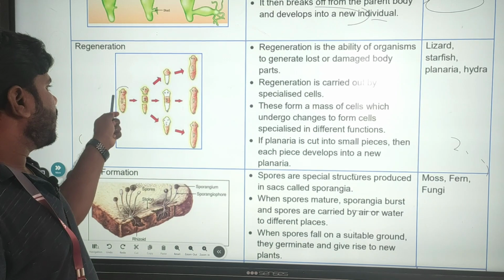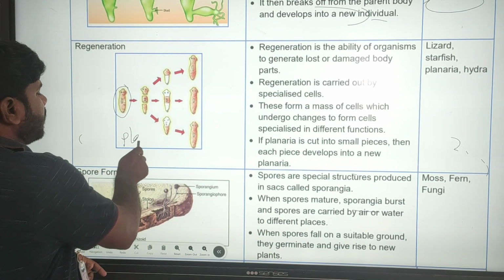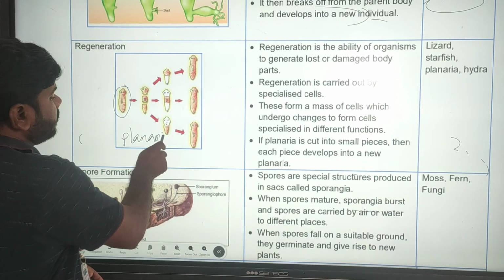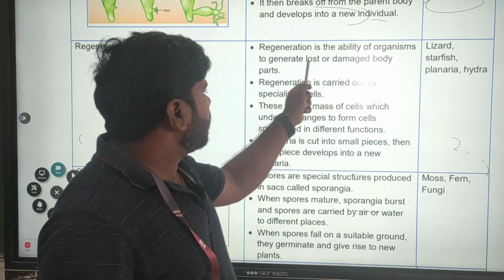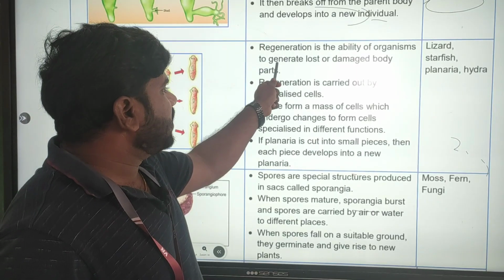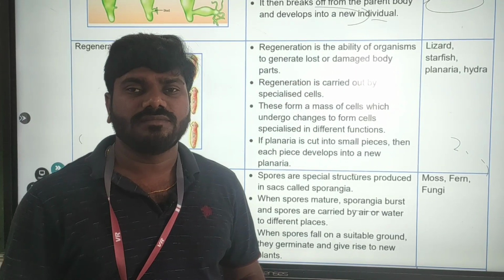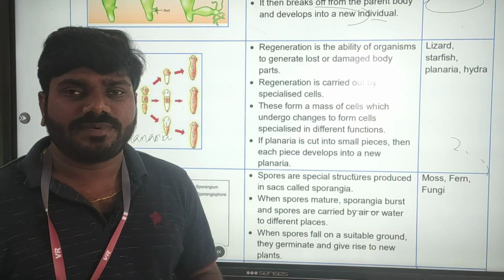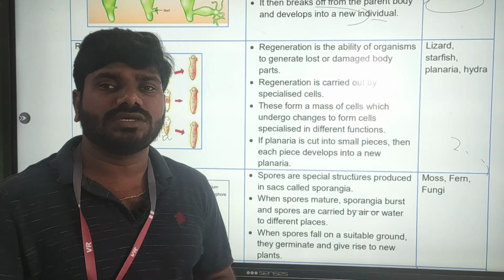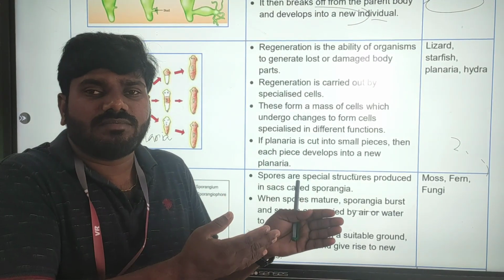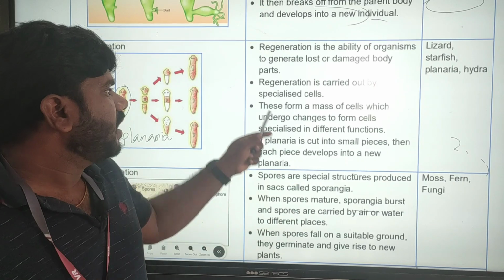This is the example of planaria. Regeneration is the ability of an organism to generate lost or damaged body parts. Regeneration is a process in which organisms regrow the body parts they have lost.